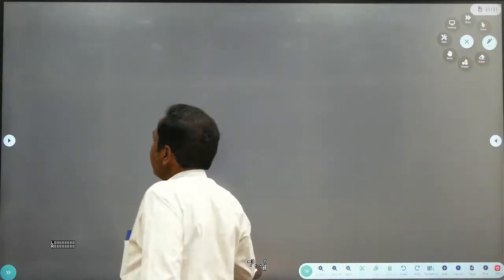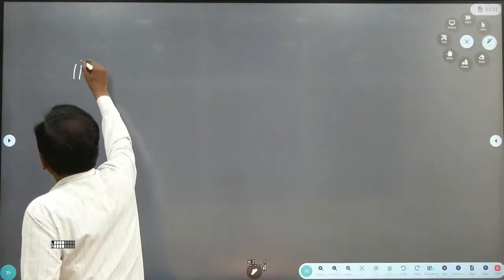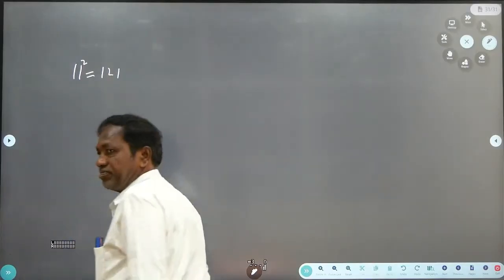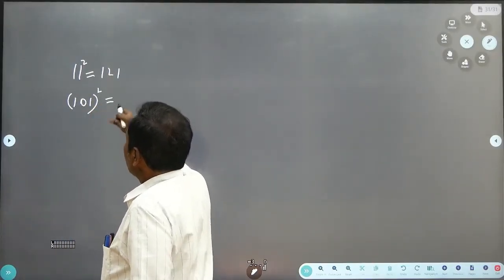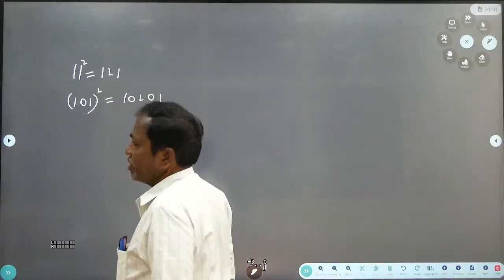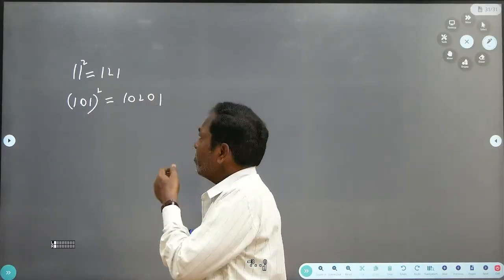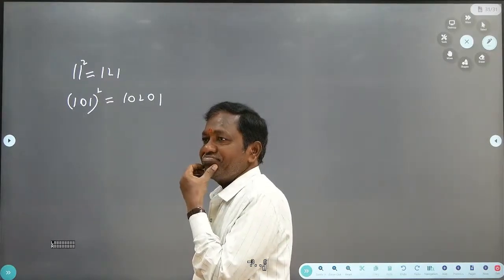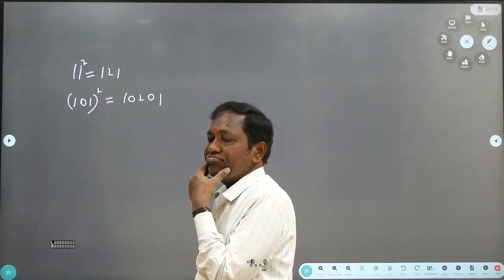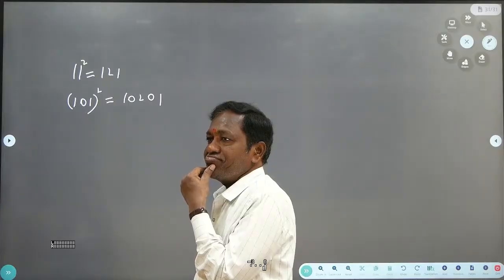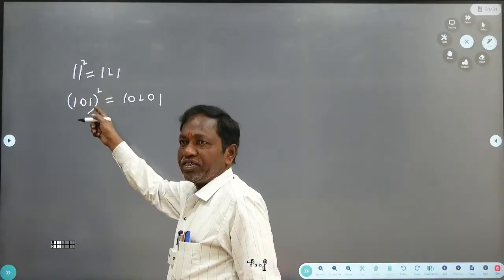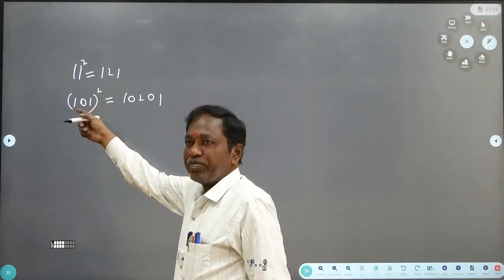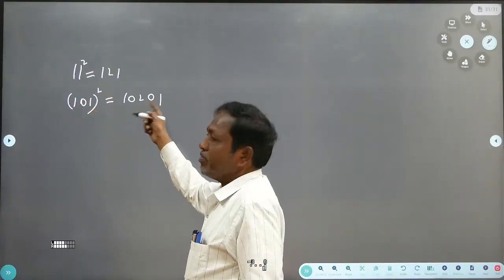Next come to 101. See that. What is 11 square? 121. 101 whole square is 10201. Now, what is the logic you see here? One zero one: 0 is surrounded by 2 ones. 0 is inserted between the digits, between all the digits.